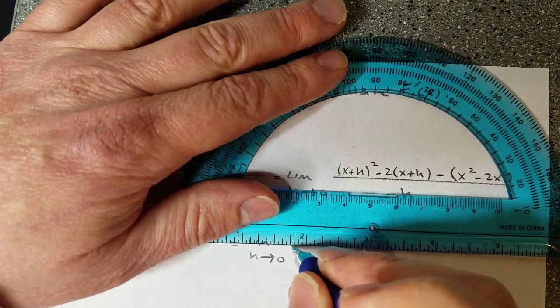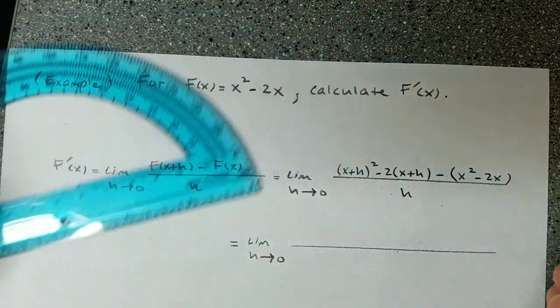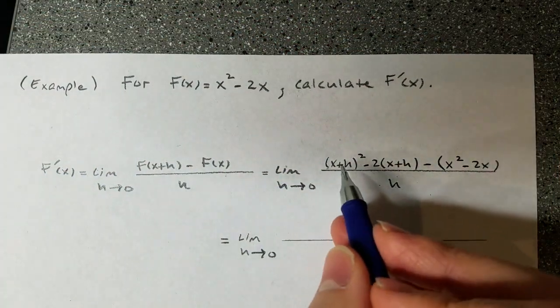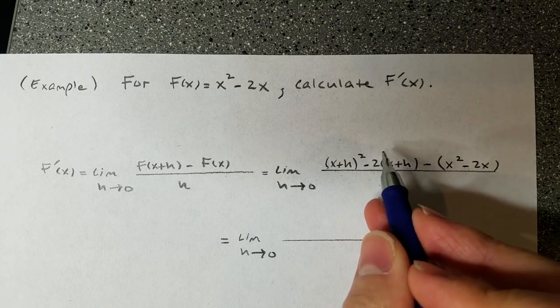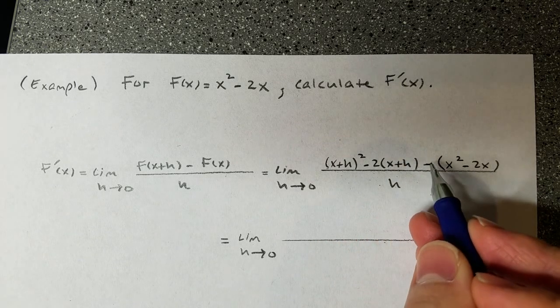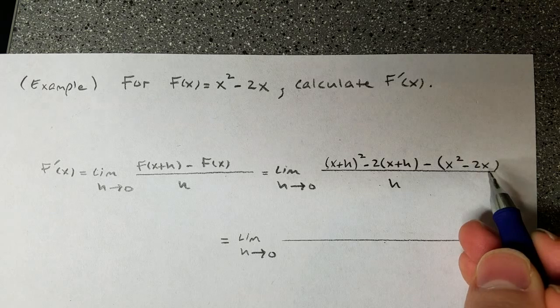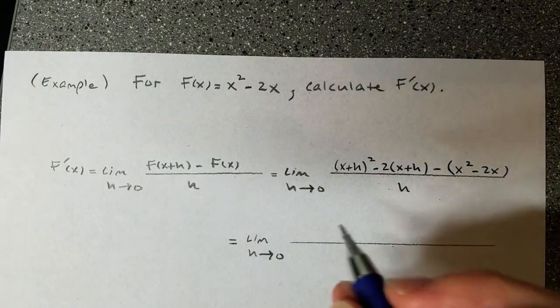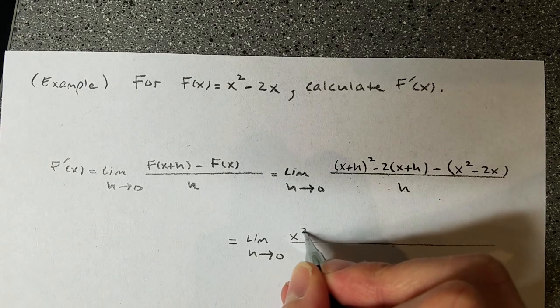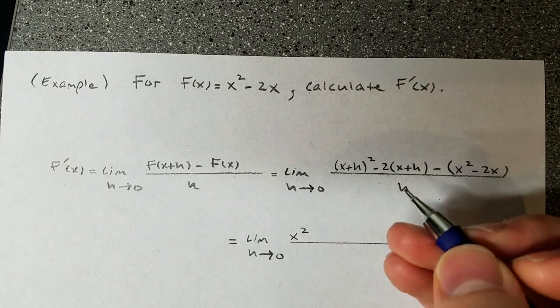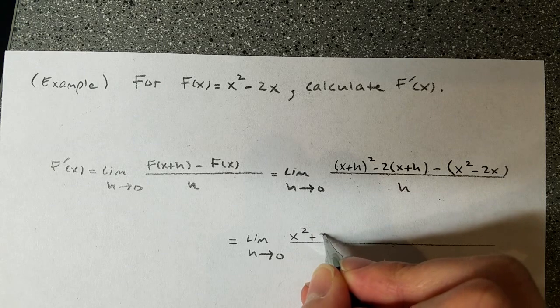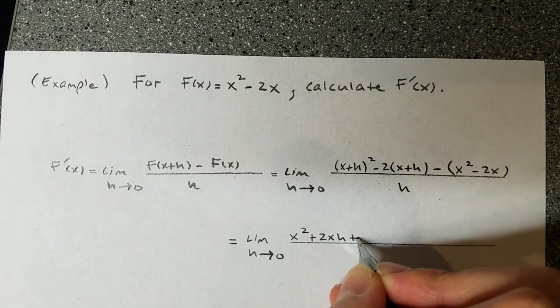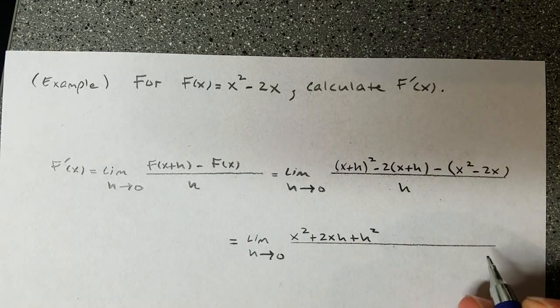All right, so here goes. Here's what simplifying this is going to involve. Squaring this out, multiplying that by 2, distributing this minus in there. We're going to have to do all that stuff, reduce it down to lowest terms. All right, so if I do this squaring, x plus h squared, I'll get x squared plus 2xh plus h squared.